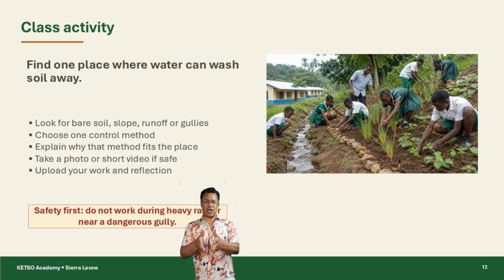Then where the water they cut the soil. So all down there you can identify them. Then what we can do, we can decide which method now we go use for control the erosion. Then snap them, make short video, then explain back to me again. Why you choose this method so that other people then back again can learn what to choose, and then at the assignment we will get for Gilna.